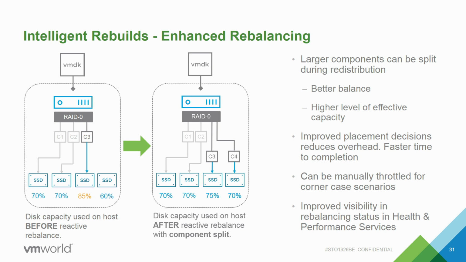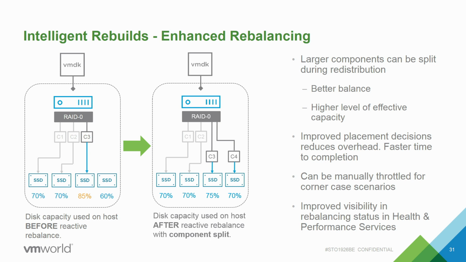And when you do that, you have actually increased the effective capacity of your vSAN cluster because you have more opportunity to place that data elsewhere. This also helps with further maintenance activities like entering a host into maintenance mode and things of that sort.